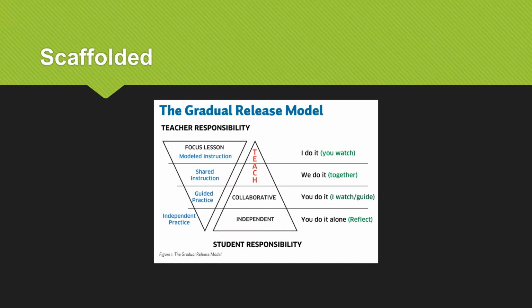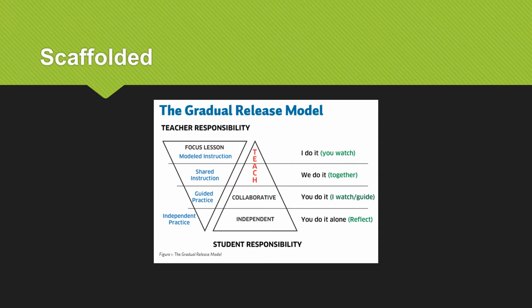Now this should be quite familiar to you. If you look at the left hand triangle, you see that the modelled instruction comes first. This is where the teacher is doing the reading. Then shared, where it's done together. Guided, where the student reads, and independent practice on their own.